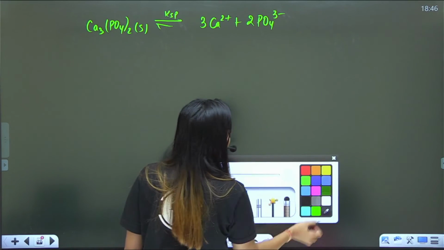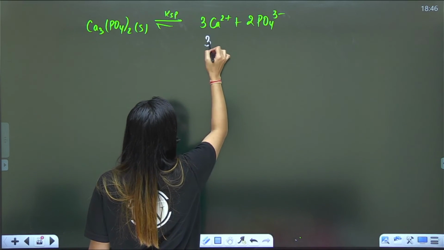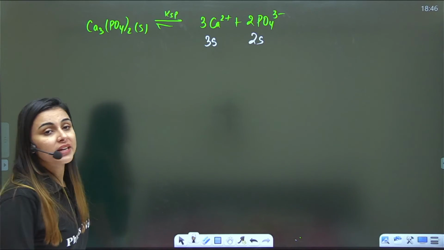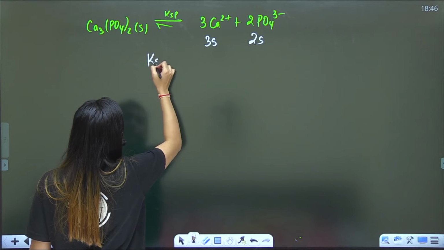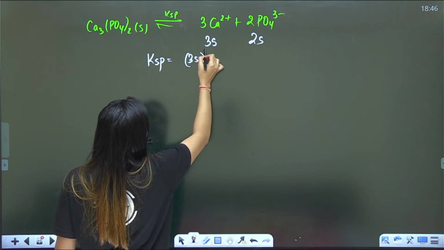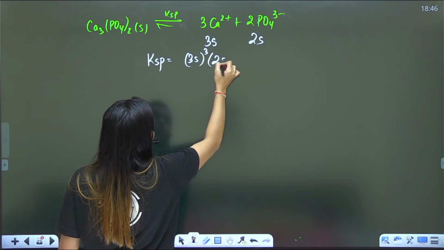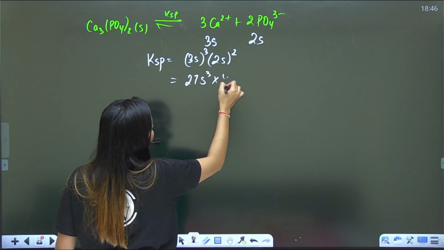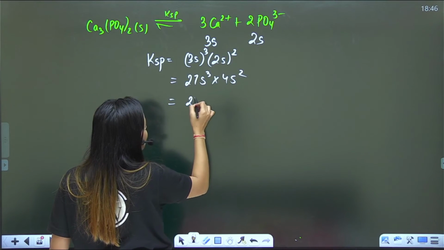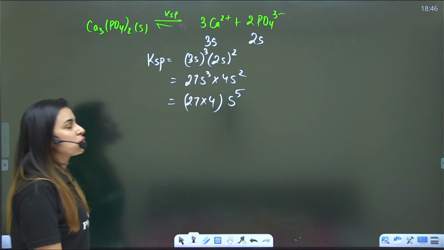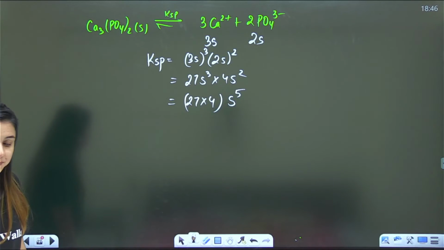So if you write the solubility here, since it is 3, this will be 3S. Since here it is 2, it will be 2S. If you want to write the solubility product, then KSP will be equal to 3S raised to the power its stoichiometric coefficient, which is 3, and 2S raised to the power stoichiometric coefficient 2. So 27S cube into 4S square, which is 27 into 4, S raised to the power 5, is the solubility product. Okay.